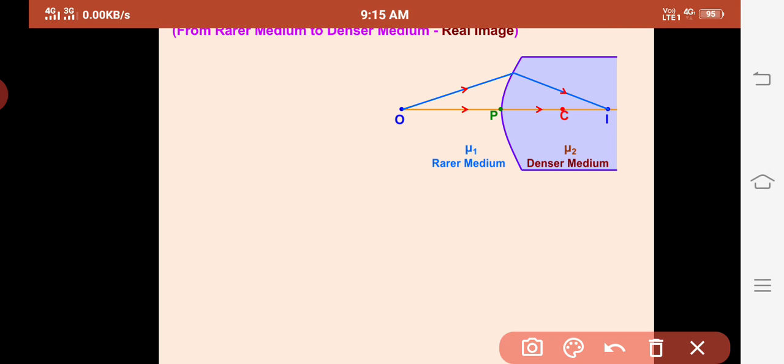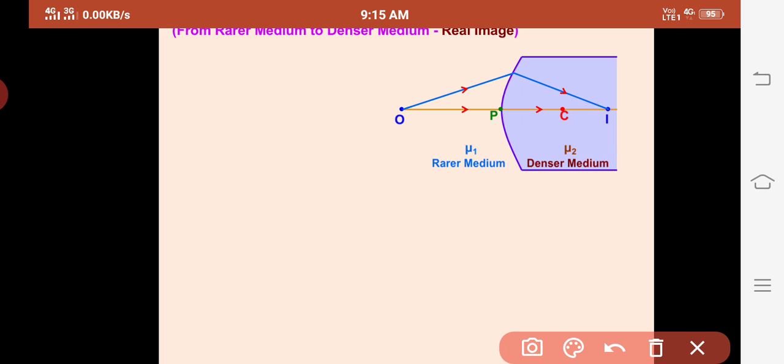In this figure, we have supposed that the ray is incident along the principal axis, because in this case the angle of incidence is 0 degrees. That's why the light ray passes in the same direction without deviation.